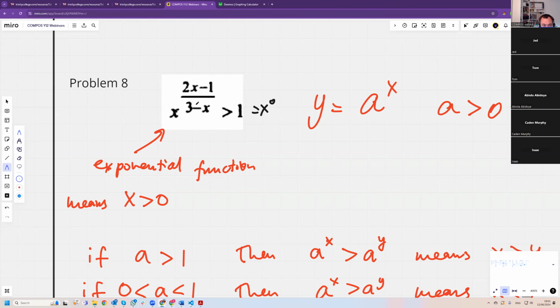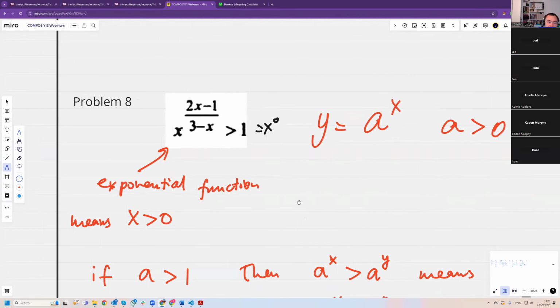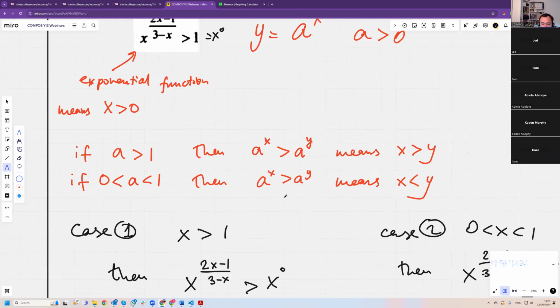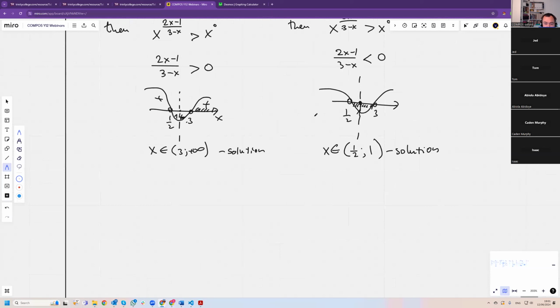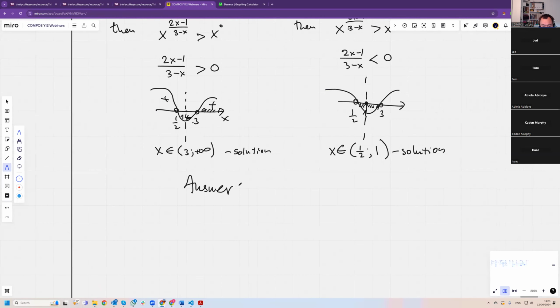So it's 1 to the power half, which is 1. And this is not greater than 1. So 1 is not a solution. And so the answer is from 1/2 to 1 and from 3 to plus infinity. That's the solution.